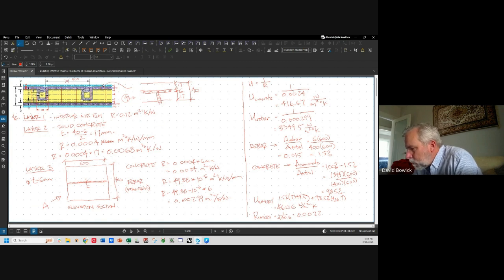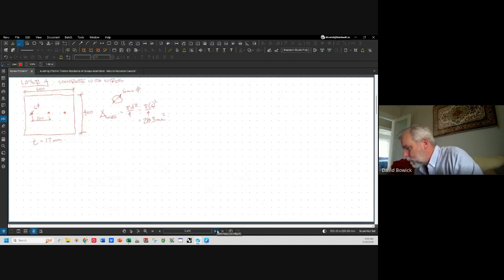So we've got these 3 bars coming through the 600 millimeter width. It's 17 millimeters thick. Now, once you get good at this, you'll realize you've already calculated some of these things. We're going to use this as a way of checking our work because I have not solved this problem before. We're doing this in real time. Okay, so the concrete.